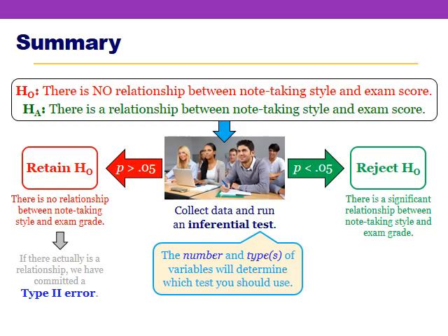In other words, we would say there is a significant difference between the students who took notes by hand and the students who took notes on a laptop. Now again, we can never be 100% sure that we made the right decision. We can be 99.9% sure in some cases, but we can never be 100% sure. If we made the wrong decision here, we have committed a type 1 error.